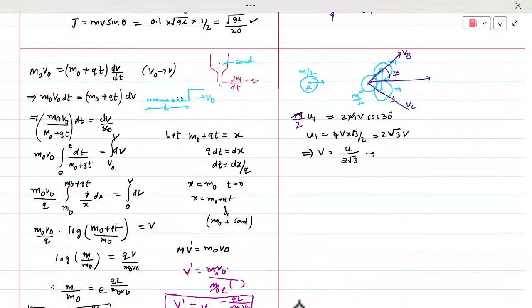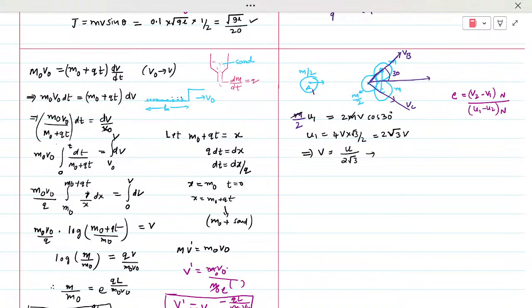So now I want to find out the coefficient of restitution. So e is equal to, I know, V2 minus V1 along the common normal by U1 minus U2 along the common normal. In an oblique collision, you have to take the common normal.